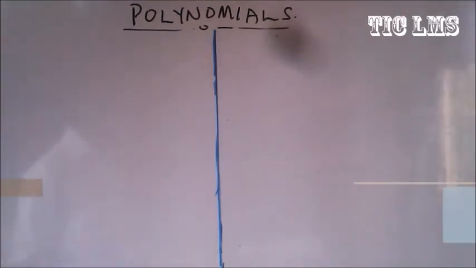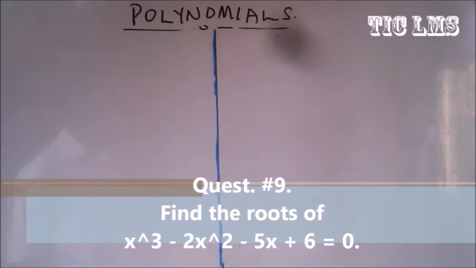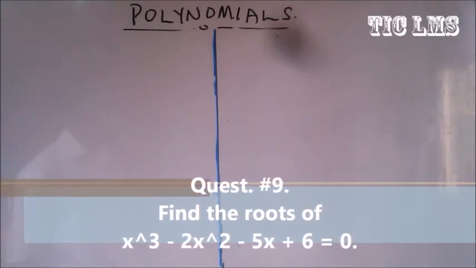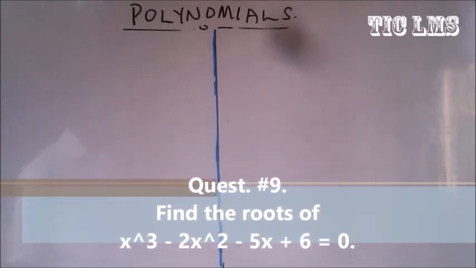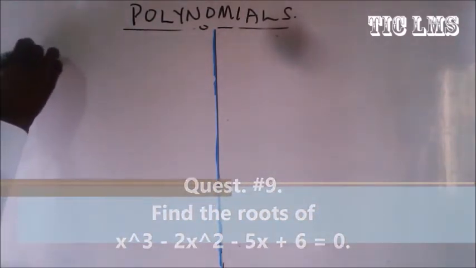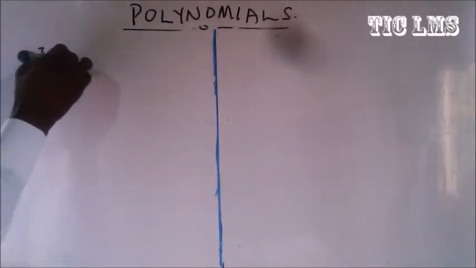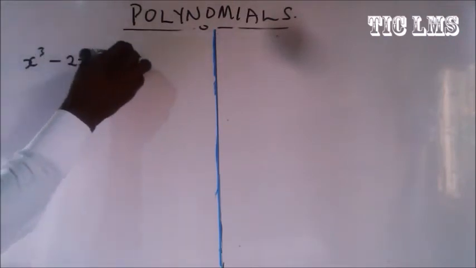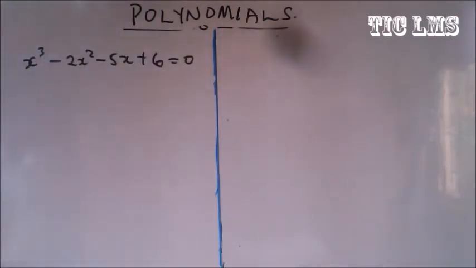Next question, find the root of x raised by 3 minus 2x squared minus 5x plus 6 equal to 0. Now to solve this, we have x raised by 3 minus 2x squared minus 5x plus 6 equal to 0.